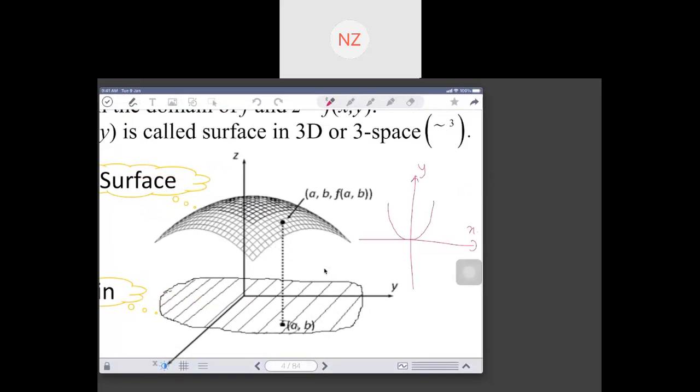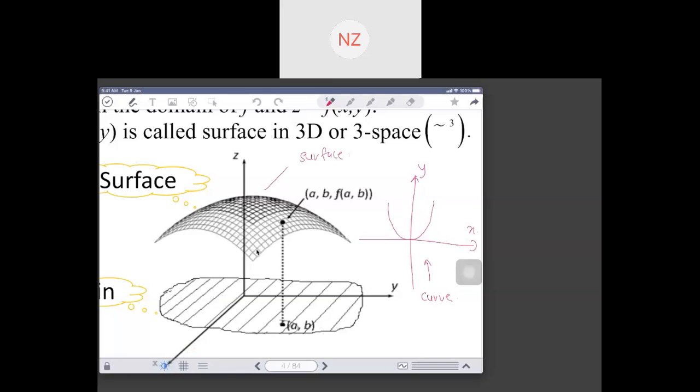That is called a curve. You have to understand some terminologies. When you have a curve, it means you're sketching in 2D. But when you're sketching in 3D, this is called a surface.